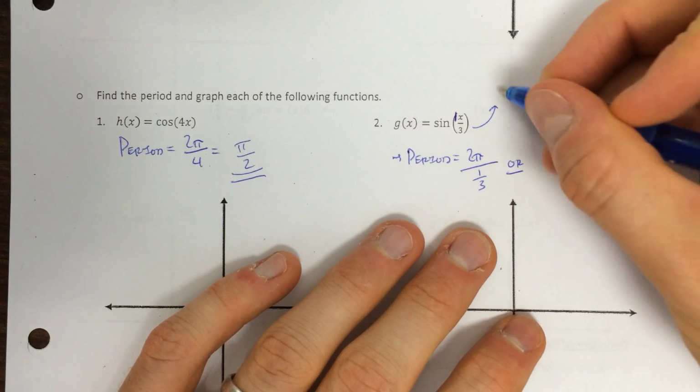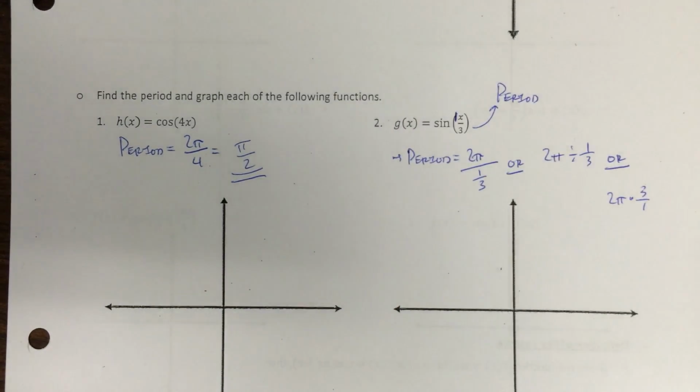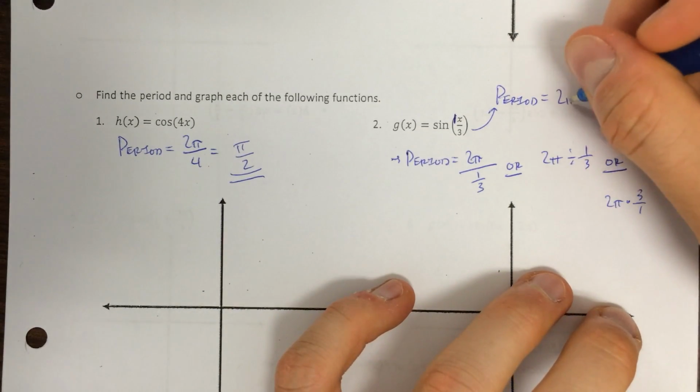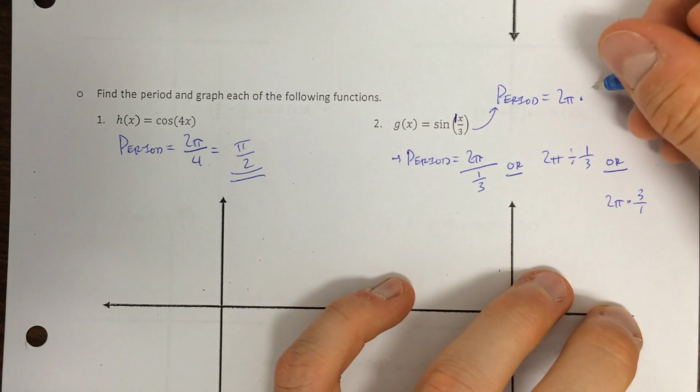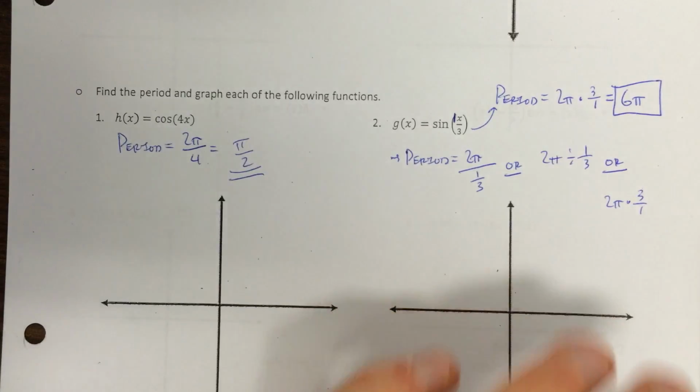So I'm going to do it up here. So our period, if we think about multiplying by the reciprocal because we're really dividing, is 2 pi times 1/3. The reciprocal will be 3/1, 6 pi.